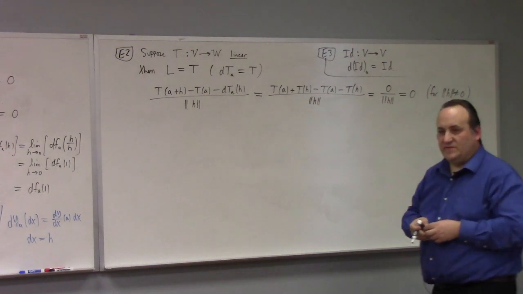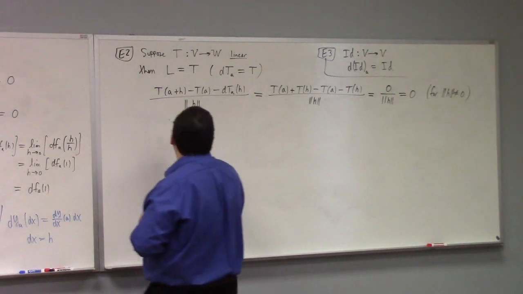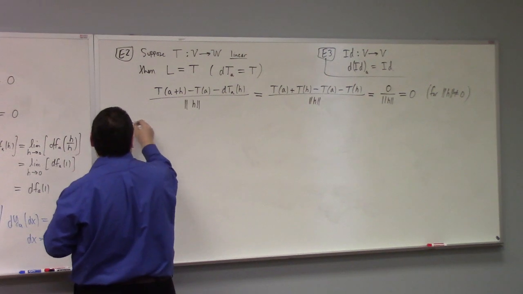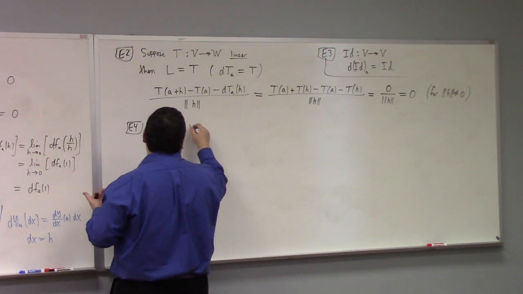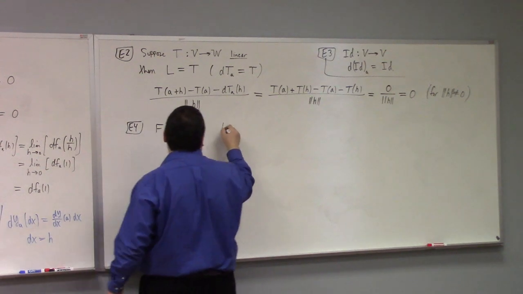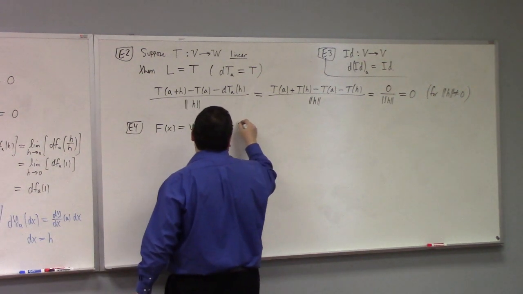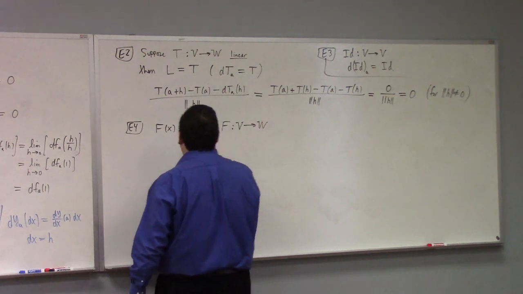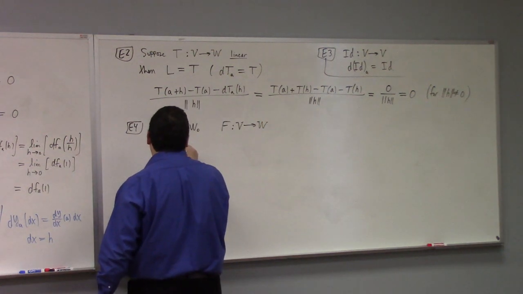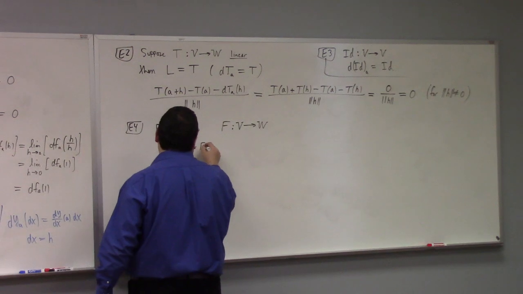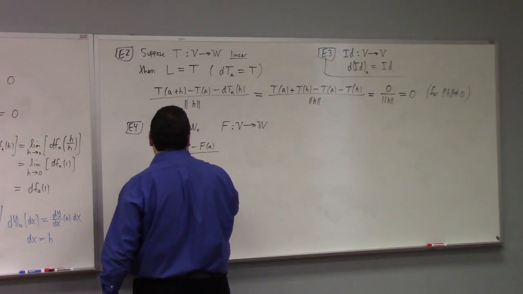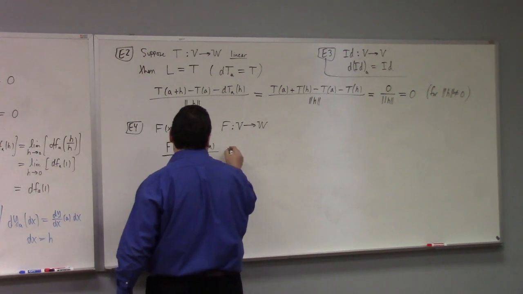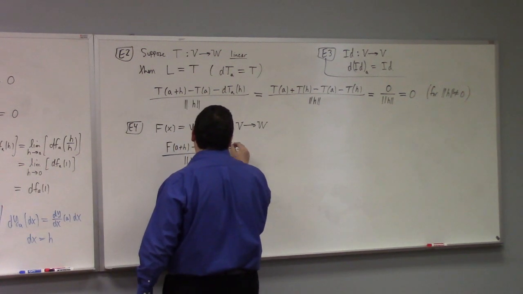How about a constant function? What should the derivative of a constant function be? I heard a 0. If we have f of x equal to w_0, for f a mapping from V to W, then if you look at f of a plus h minus f of a, divided by norm h, minus, you claim the 0 mapping works.